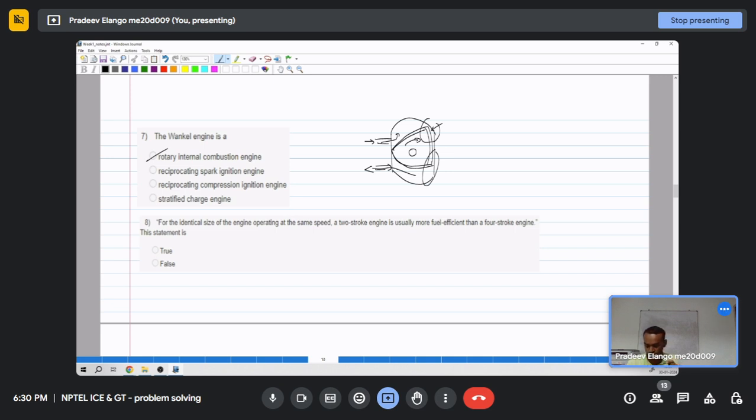There is no reciprocating components. It's all rotary components. For identical size of engine operating at the same speed, two-stroke engine is usually more fuel efficient than a four-stroke engine. This statement is true or false.